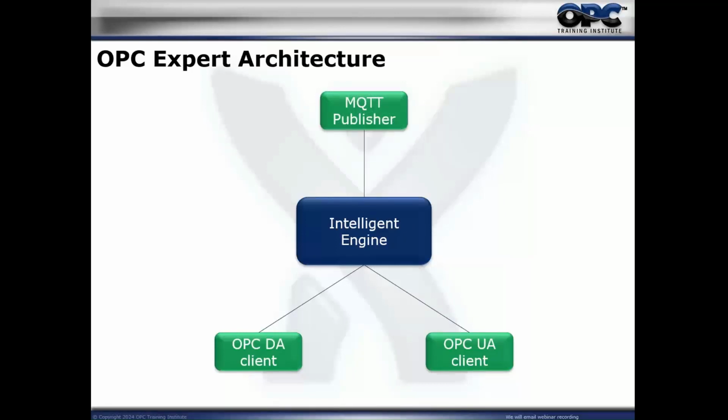So the idea is, from this intelligent engine, you can publish this information via MQTT to an MQTT broker. But of course, this intelligent engine can also get information from an MQTT subscriber. So you can bring the data in via MQTT, you can send it out via MQTT.